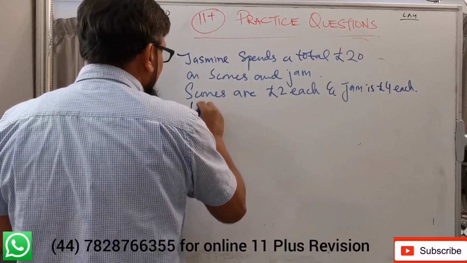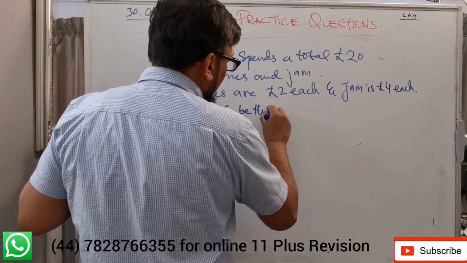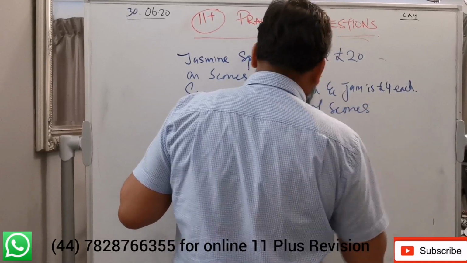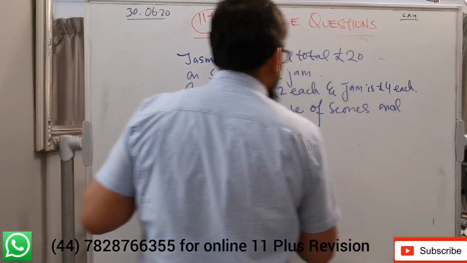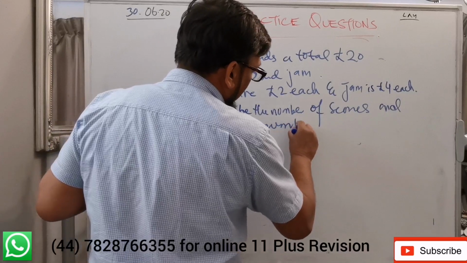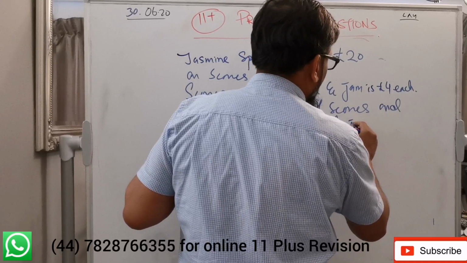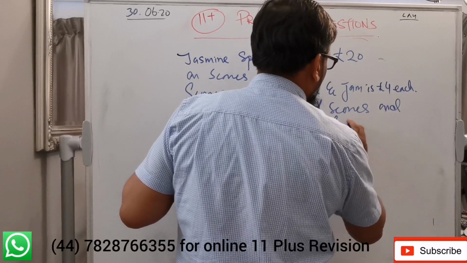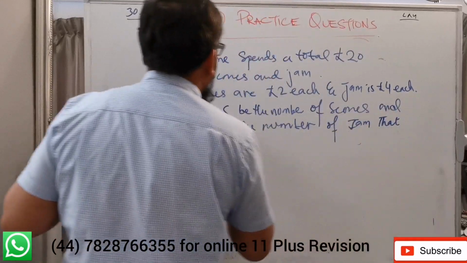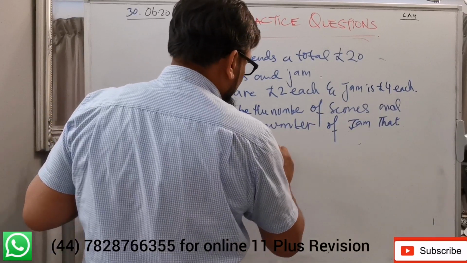It says let S be the number of scones and J be the number of jam that Jasmine buys.